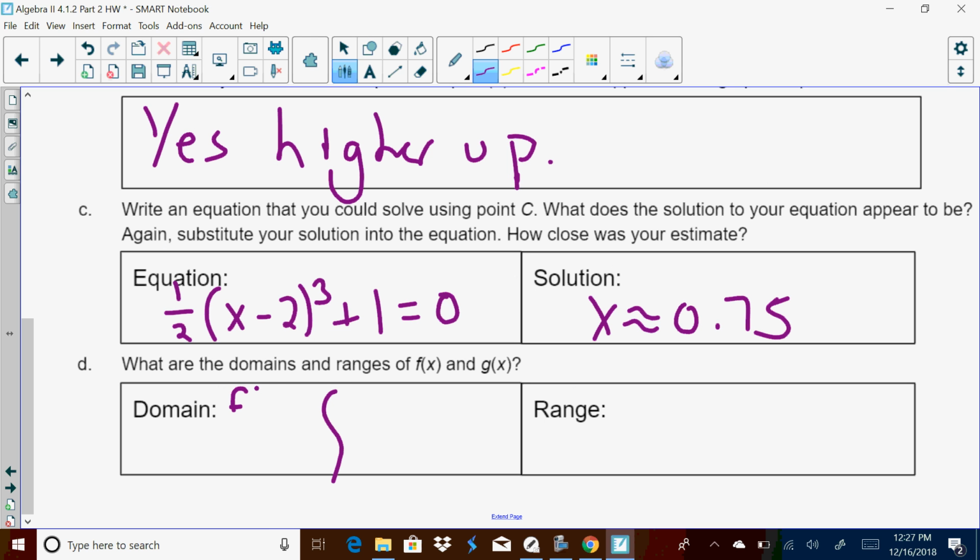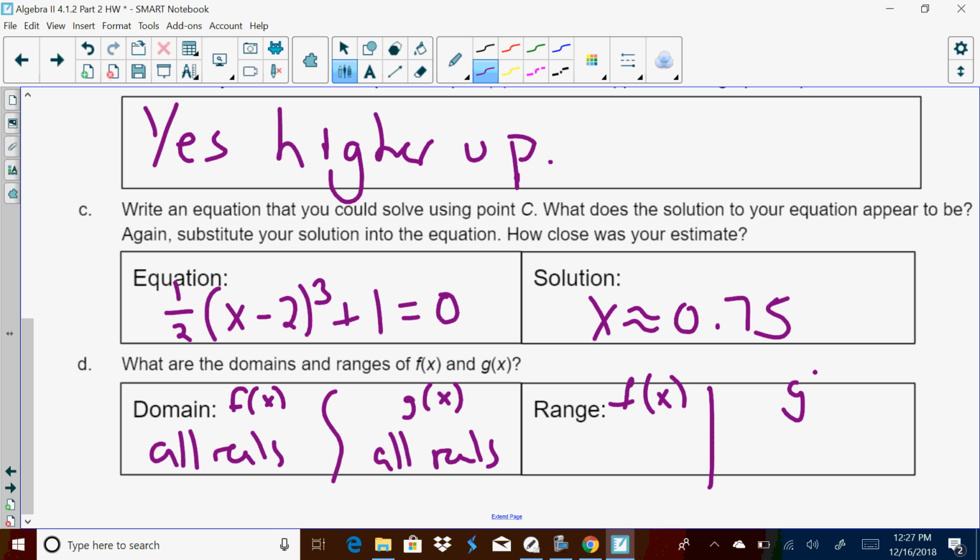So f of x, the domain, and g of x. F of x's domain is all reals, and it's also the same for g of x. The range for f of x is all reals. But g of x, its y is greater than or equal to negative 7.5.